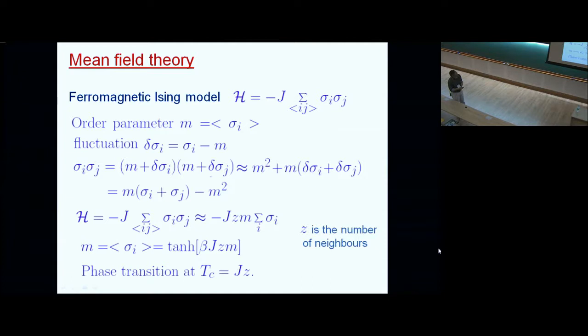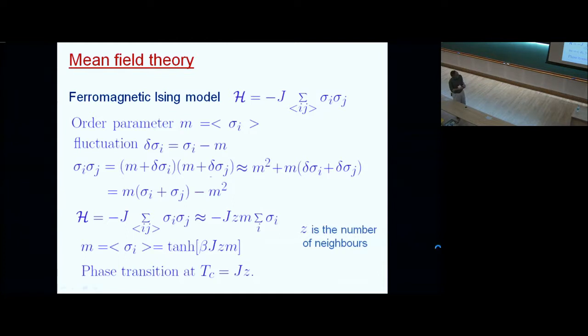As you can see here, m equals 0 is definitely a solution. The phase transition here would correspond to going from m equals 0 to a non-zero value of m. So the question is whether this equation will admit a solution with non-zero value of m, and then one has to look at the free energy of this solution and the solution with m equals 0 and see which one has the lower free energy.